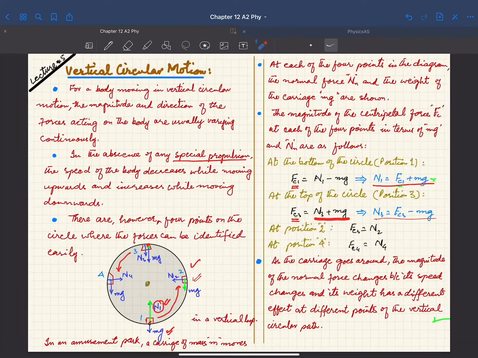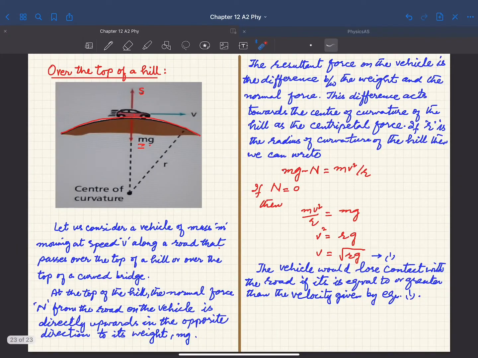But when the body is somewhere here at the top, the situation will be different, because in this case the normal will be upward and the weight will be downward. In this example we have the same situation: the weight is of course a downward force, and over here we have the normal reaction. So this is what we have.